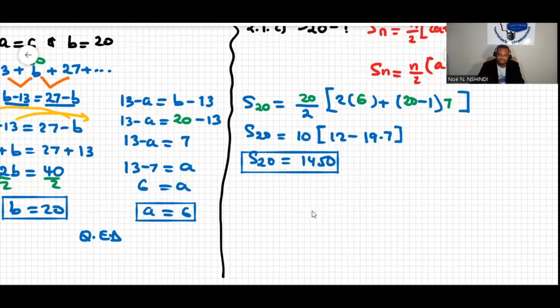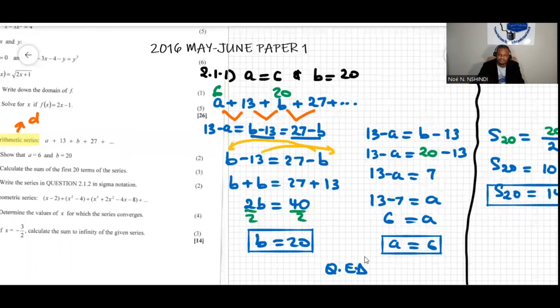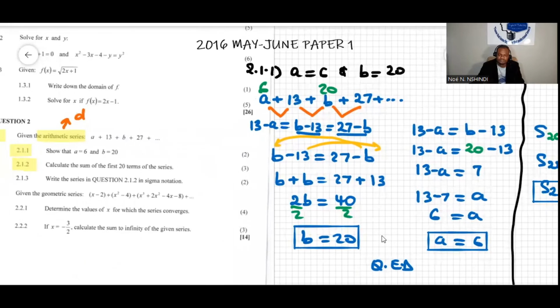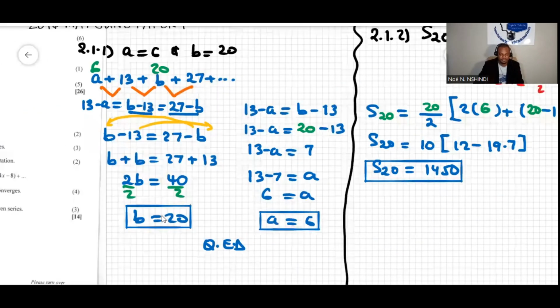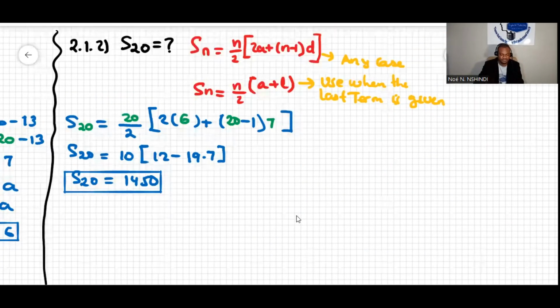Now, question 2.1.3 says write the series in question 2.1.2 in sigma notation. All right. So I'm now gonna move this over here.